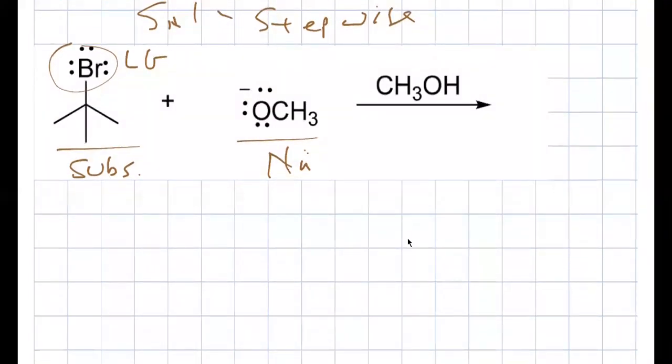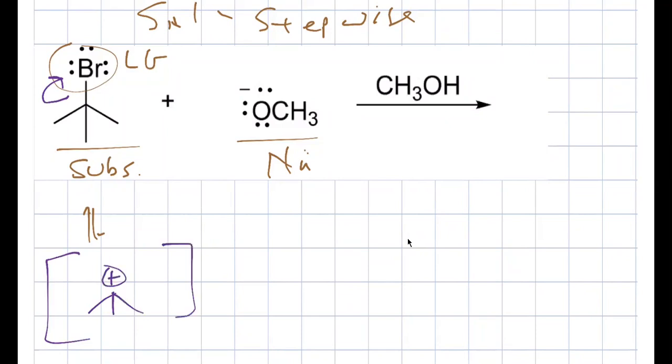Good. Somebody has been watching some YouTube. So the first step in the mechanism is loss of leaving group. When that happens, you get a carbocation intermediate.